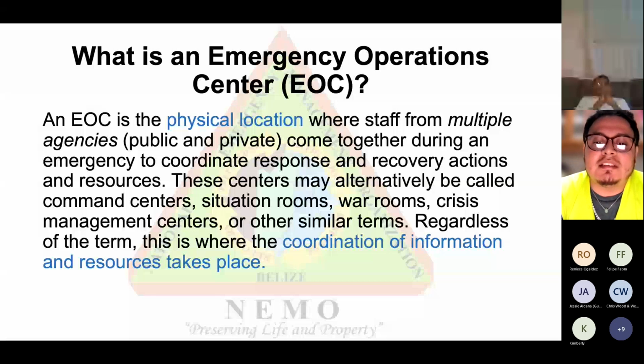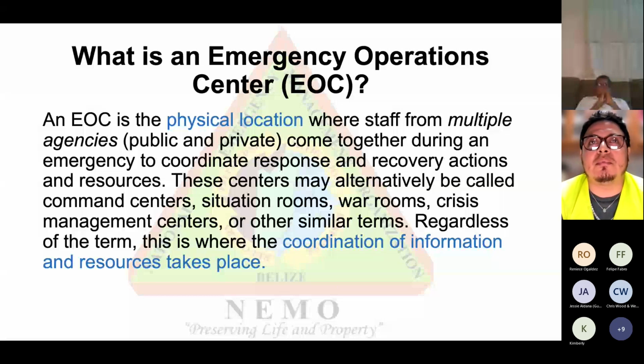These centers may alternatively be called command centers, as I mentioned in military terms, situation rooms, war rooms, crisis management centers, or other similar terms. Here in COROZAL, we also have other EOCs. For example, we have EOCs in the Red Cross, and Rotary has its own EOC.